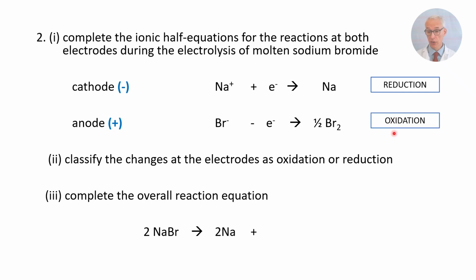Bromide ions are losing electrons, that is oxidation. Simple application of the definitions of reduction and oxidation. Completing the overall reaction equation, where we've got 2 sodiums and 2 bromides on the left, 2 sodiums on the right, so we write the bromines not as 2Br, but as Br2, the bromine molecule.